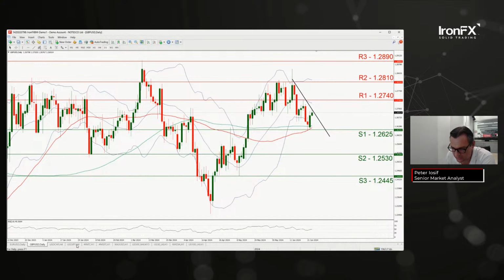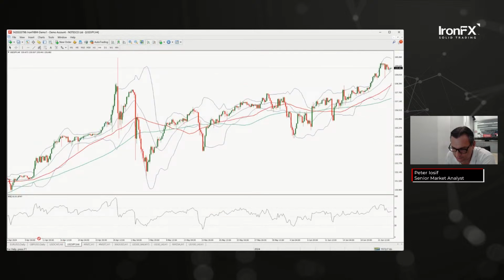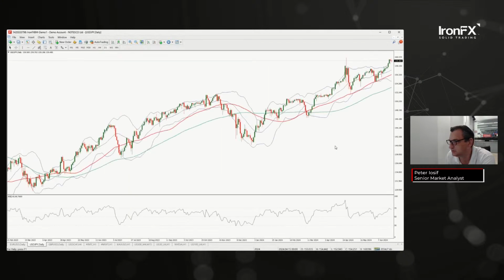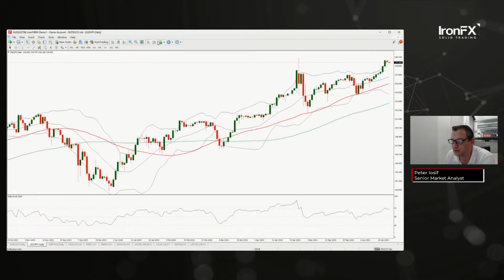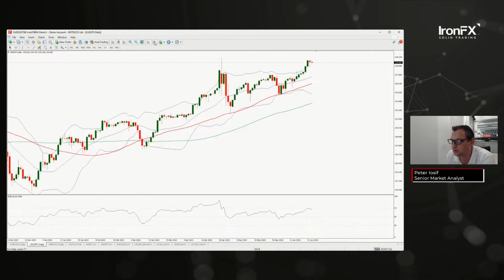Let's also have a look at USD/JPY daily chart. Zooming in, readjusting the chart. Weekly.